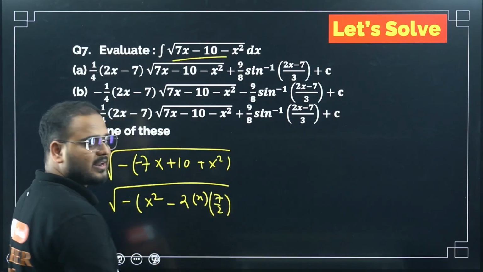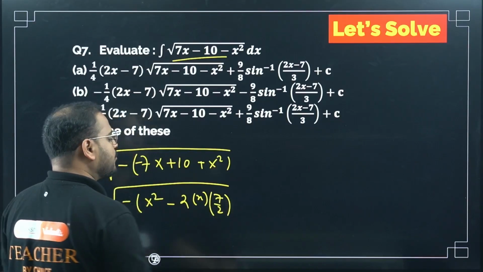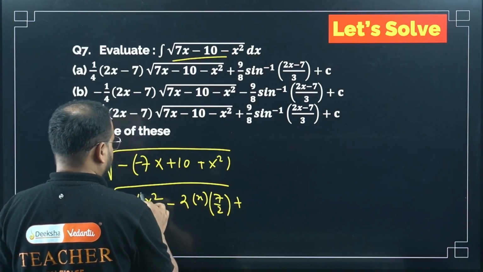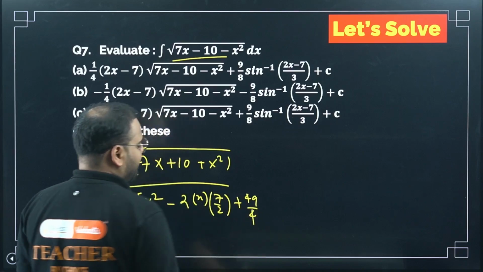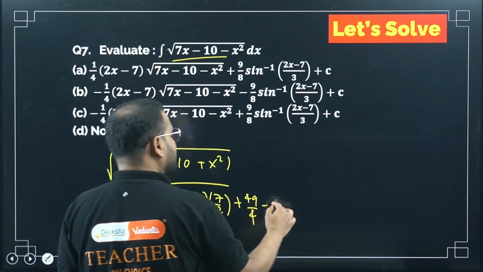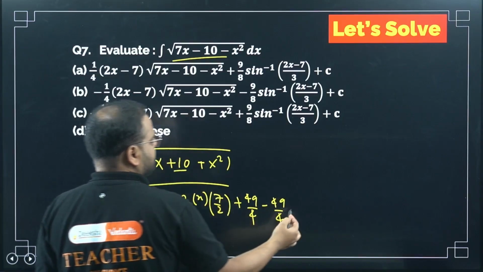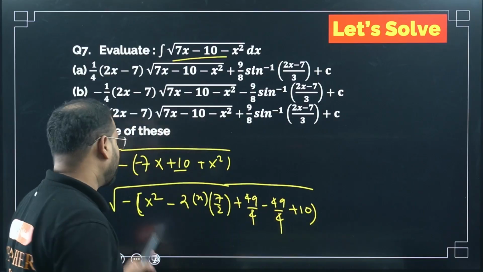Now if you multiply, the 2 and 2 will get cancelled. 7x is there, minus 7x. I need b as 7 by 2, so I'll add this 7 by 2 square. How much is that going to be? 49 by 4. If I'm adding something, I have to subtract that also. So minus 49 by 4, and whatever is remaining, plus 10. Close the bracket.